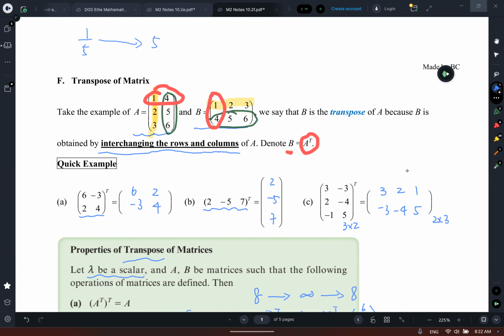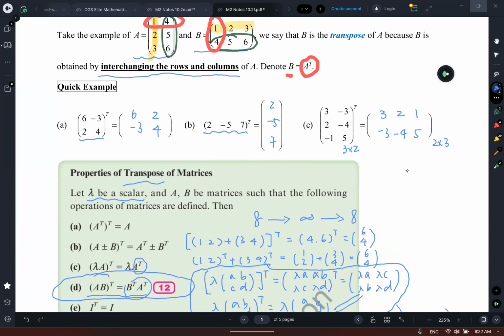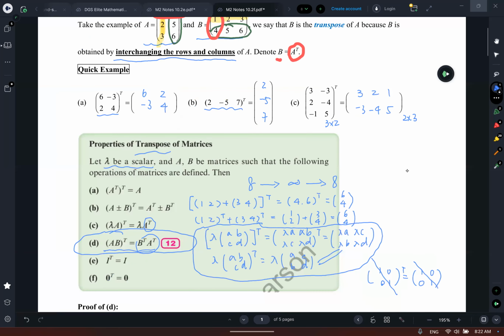This operation cannot be put at a similar status with addition, subtraction, multiplication, or even scalar multiplication. It doesn't have a very significant meaning behind it. It's simply because we need to use it all the time, so we need to learn about it. Now, what does it do when mixed with addition, subtraction?